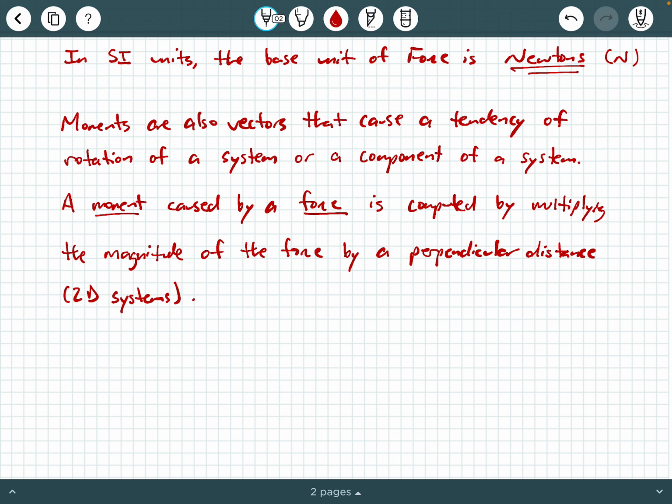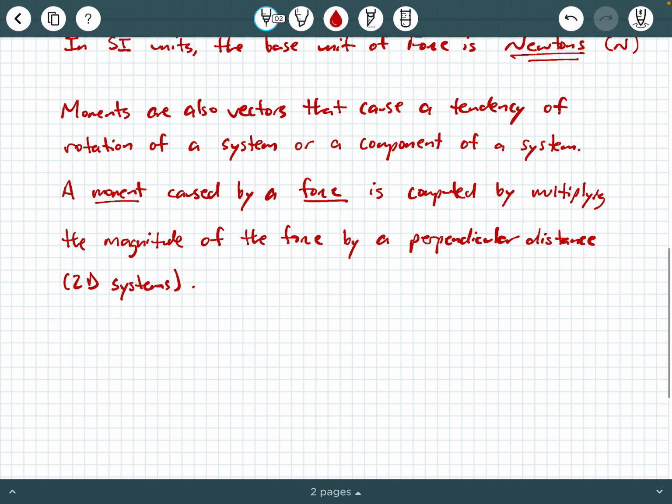So again, the units of moment have units of force multiplied by a distance, and specifically, it's a perpendicular distance when you're dealing with 2D systems. In SI units, moments would have units of, for example, Newton meters. So that's newtons times meters. Or again, you can use the same SI prefix as kilonewton meters. That's kilonewtons times meters, okay?